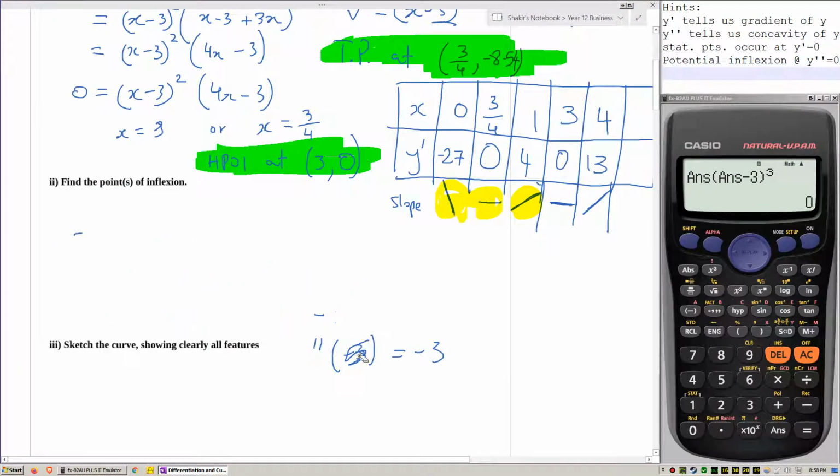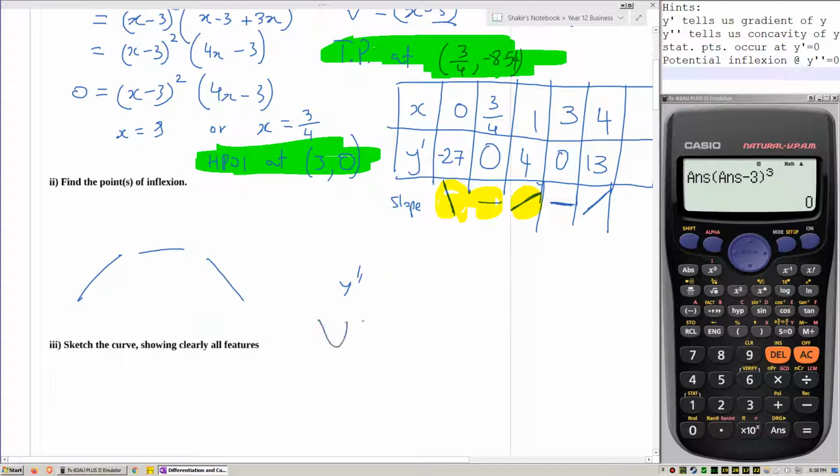Now for the definition of point of inflection. A point of inflection is where concavity changes. So it's very similar in some ways to the turning point. For turning point, we had gradient positive, 0, negative. And now we have y double dash, concavity changes. It means y double dash is positive to the left, and then y double dash is 0, and then y double dash is negative on the other side.